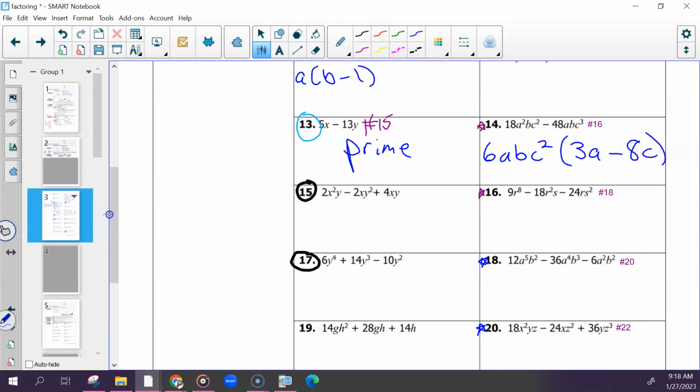Let's do one where we have 3 now. 15. Highest number of variables for each. 15. 2 is the highest number. Take out any variables, which ones, and how many of each.